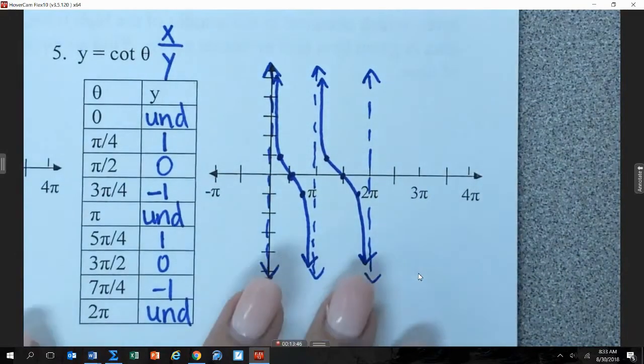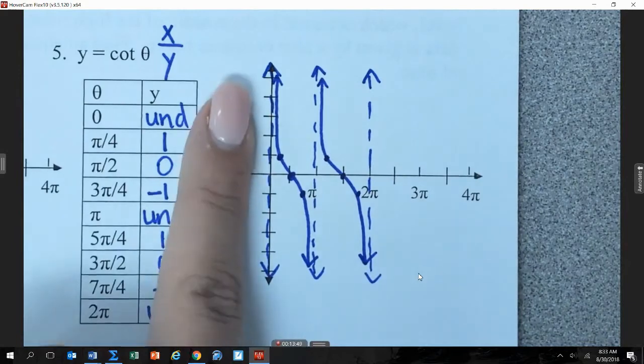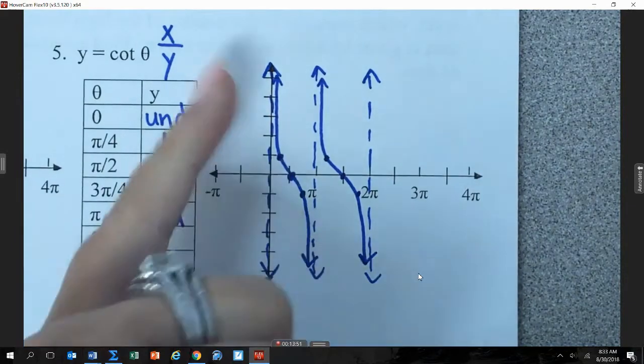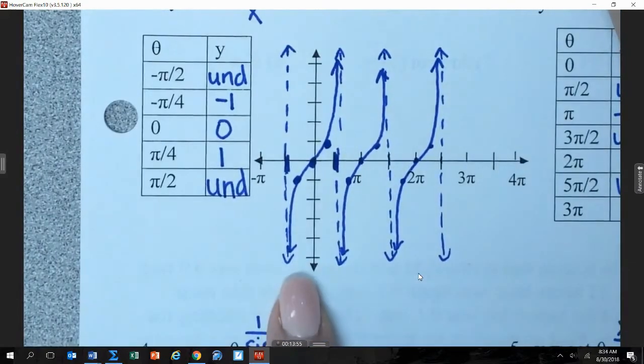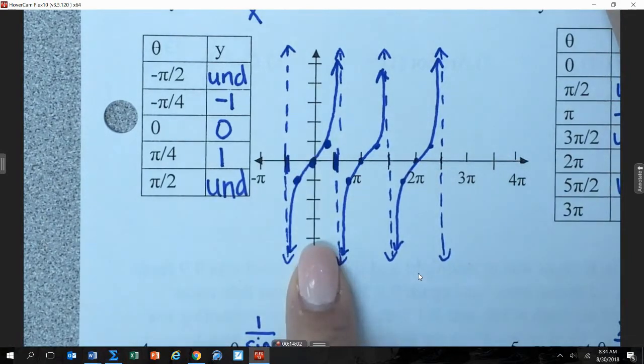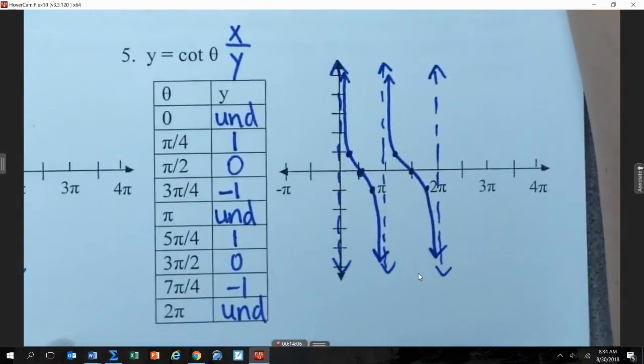Okay. But pay close attention to the differences. See how this has an asymptote at 0 and the graph falls left to right? Does tangent have an asymptote at 0 or on the y-axis? No, tangent does not have an asymptote on the y-axis, and that one rises left to right. So just be noticing those differences.